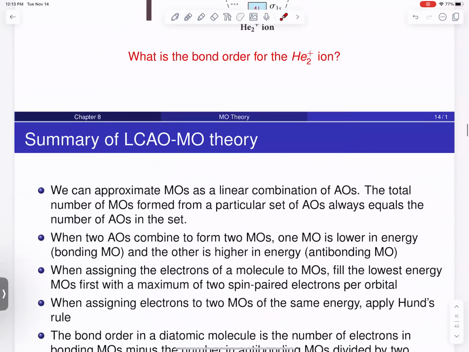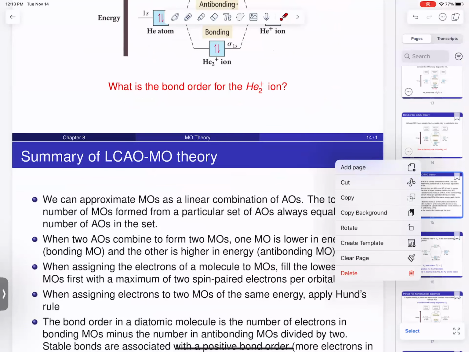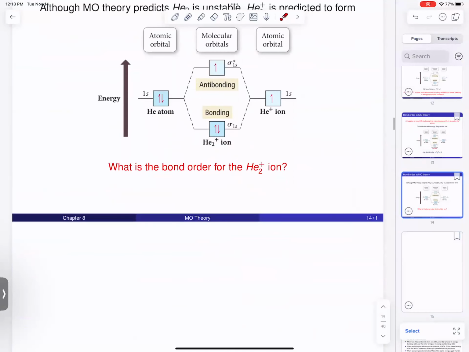Okay, so let me get a page here. When you do that little calculation, we are going to be getting bond order equal to the number of electrons in the bonding, which is 2, minus number of electrons in the antibonding, which is 1, divided by 2, which is 1/2.